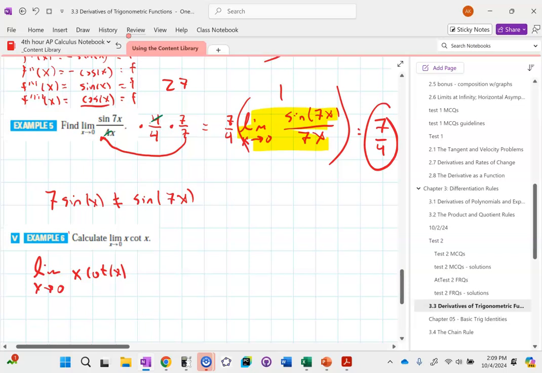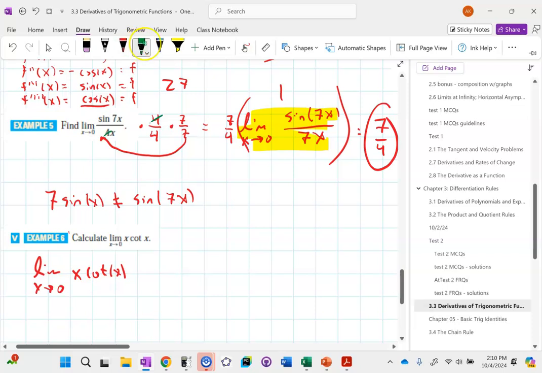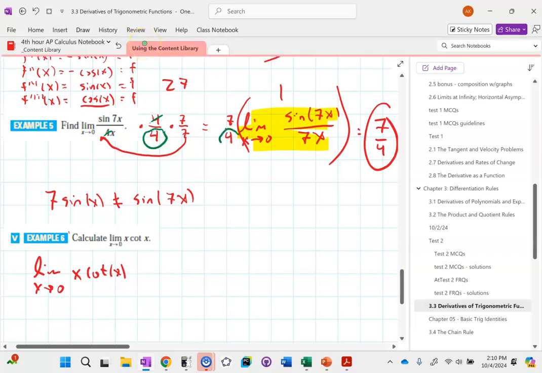So you can't do that. But good ideas, right? Wait, why is there a 4 on the bottom? This 4 is the 4 that I pulled out front, and this 7 that's left is that 7 up top. Is that okay?